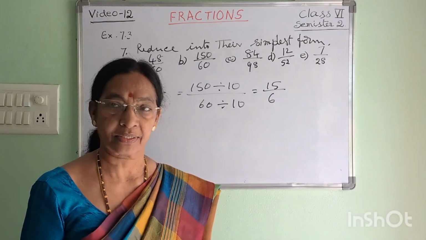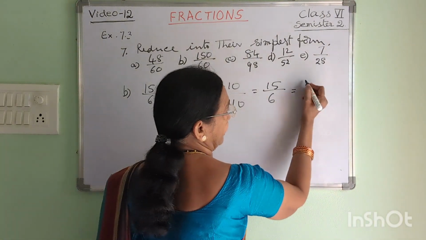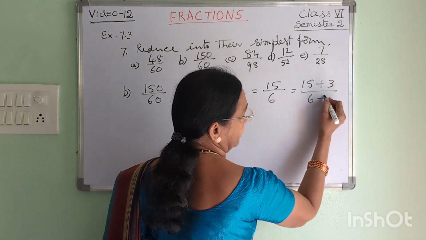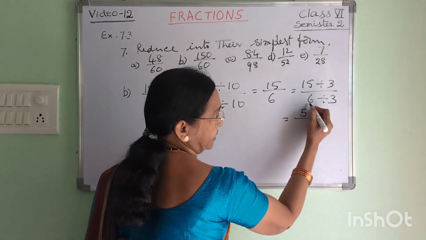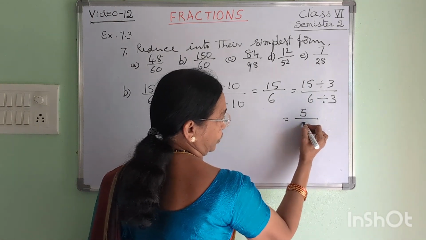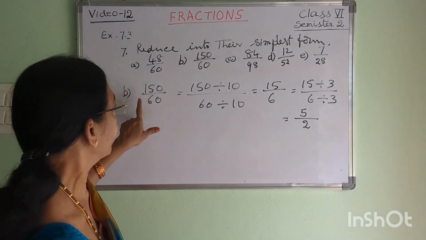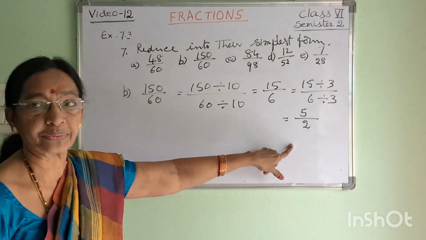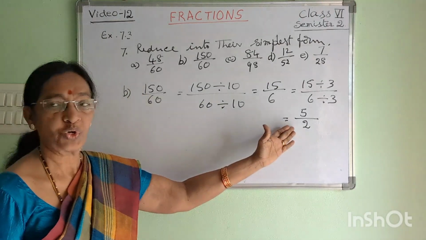Again 15 and 6 have a common factor, 3. 15 divided by 3 is 5, 6 divided by 3 is 2. So we get 5 by 2. The simplest form of 150 by 60 is 5 by 2.